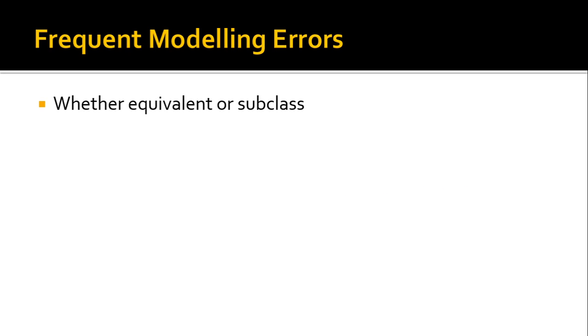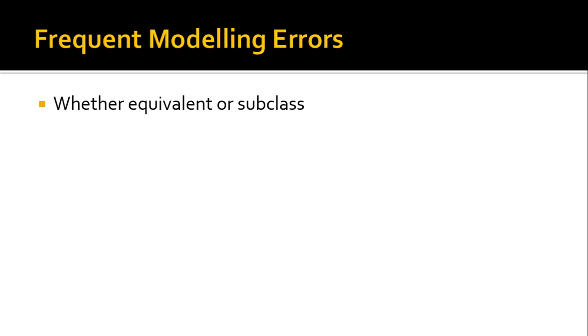So when we talk about the errors that we make in modeling, they can be categorized into different categories. The first question is relevant when we define a concept. Mostly when we represent something in OWL, we define different concepts based on their relation with other properties and other classes, right?